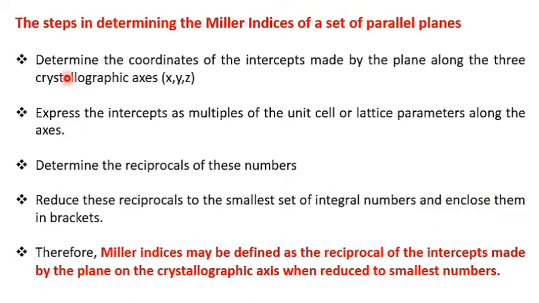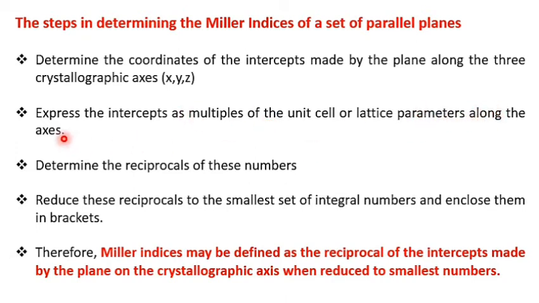So these are the 4 steps in determining the Miller indices of a set of parallel planes. That is, first you draw the plane along the x, y and z axes. Find out the intercepts along the x axis. How many intercepts on the y axis? How many intercepts on the z axis? Then express these intercepts as multiples of unit cells or lattice parameters along the axis.